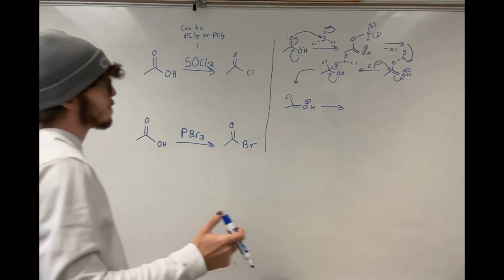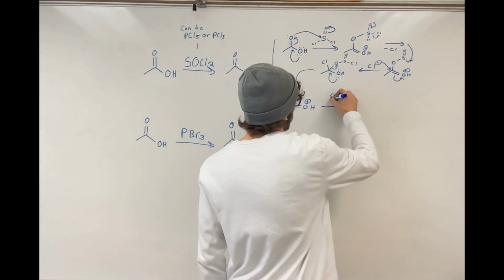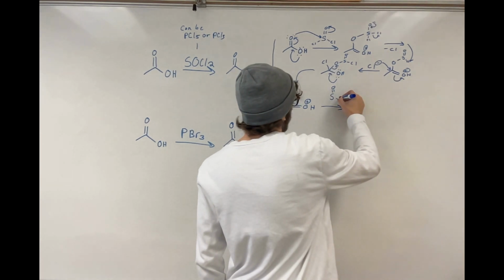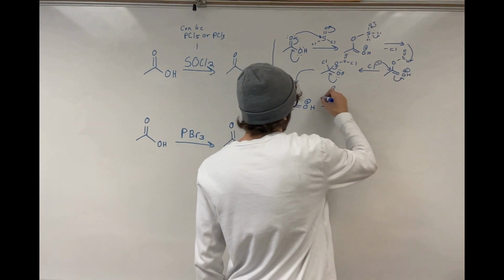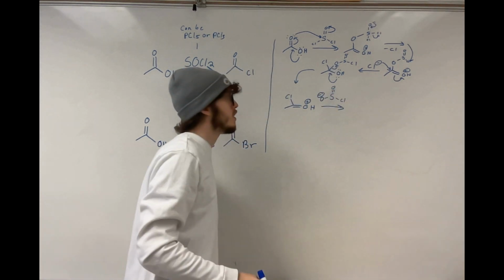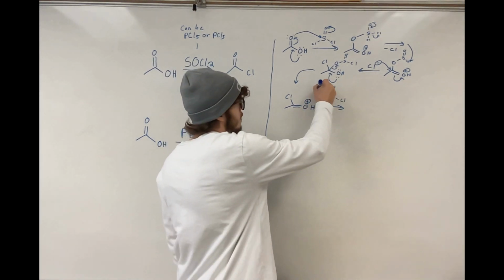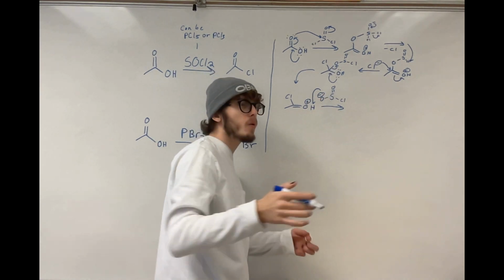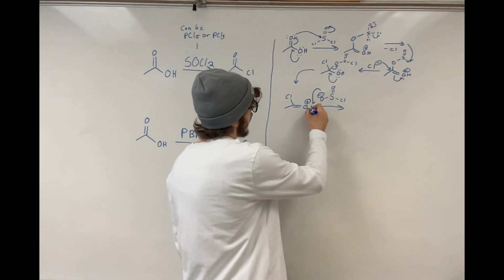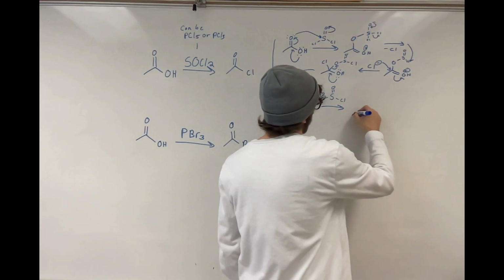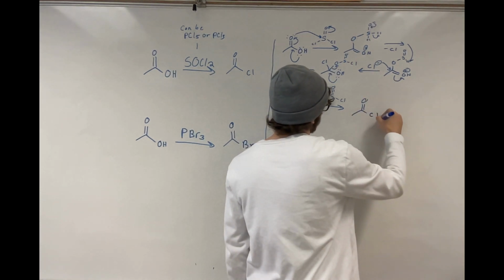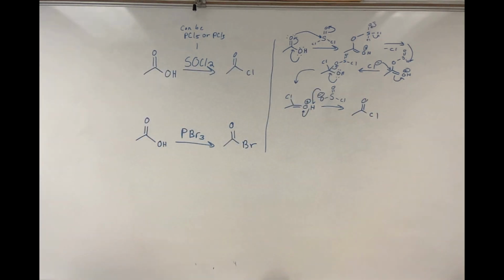Now our unhappy hydroxyl group, well, this has a negative charge on it. It doesn't want to give that negative charge to sulfur, so it's just going to pick up a hydrogen. They kind of work together, these oxygens, and they make our final acyl chloride. Okay, so that's the mechanism for that.